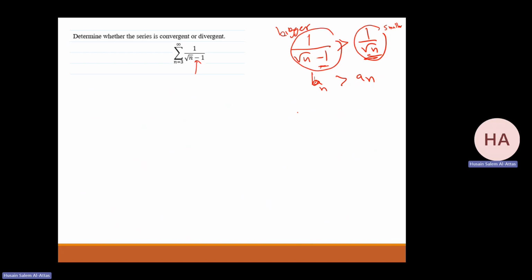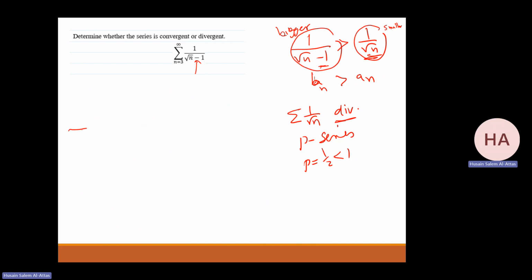And I know this one is what? Summation of 1 over square root of n. This diverges. Why? P series. So it's a P series with P equal what? Half, less than 1. So it's divergent. It's a divergent series.